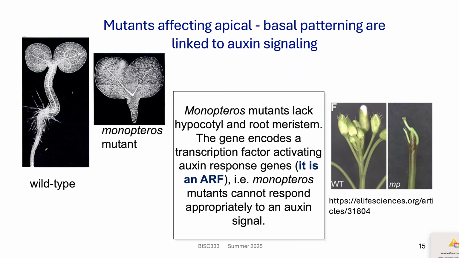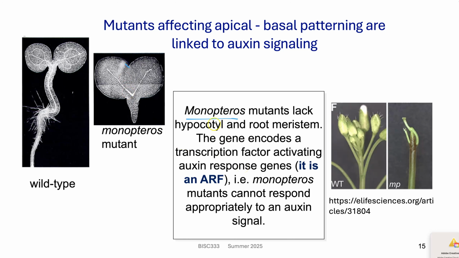Okay, and then I just want to talk about a few mutants. So monopteros basically means one leaf, and that's because if you looked at an early little seedling of an Arabidopsis, it has these two cotyledons. That's what these two things are here. And the monopteros mutant has apparently a fused one.